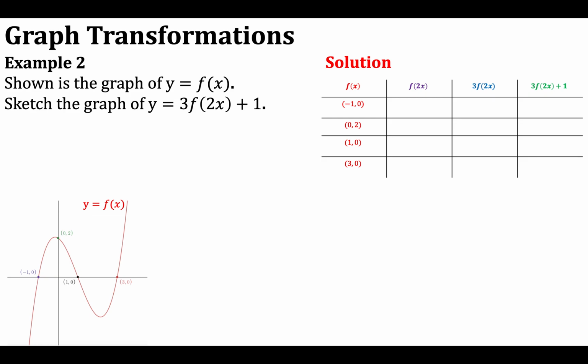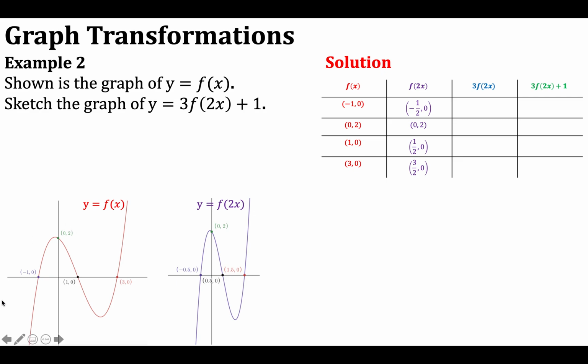So I'm dividing each of my x ordinates by 2, giving me negative a half, 0. 0, 2 has no change there because 0 divided by 2 gives me 0. 1, 0 becomes a half, 0, and 3, 0 becomes 3 over 2, 0, or 1 and a half, 0. I can draw the graph there, and you can see that the graph has been horizontally compressed, so it almost appears to be thinner.